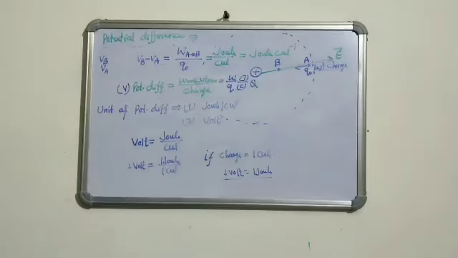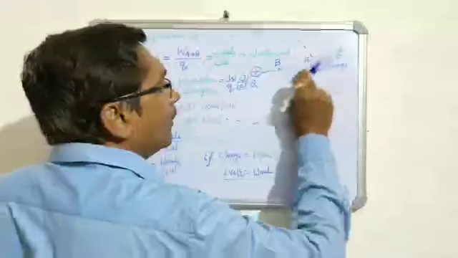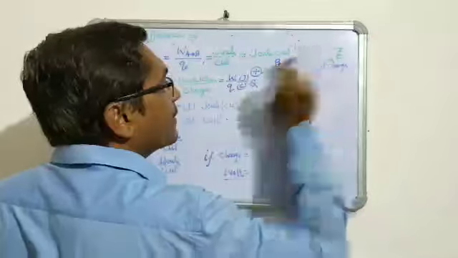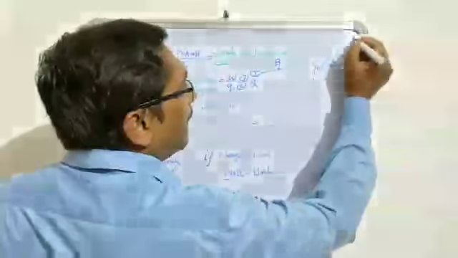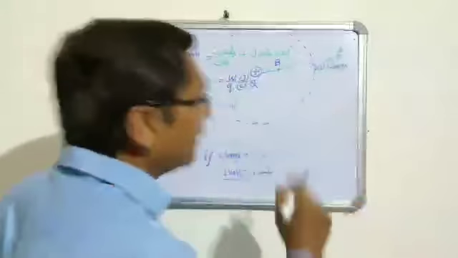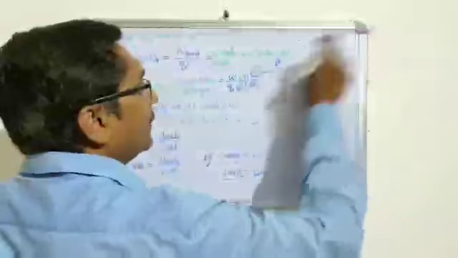Next topic is, what is electric potential? In this case, suppose we take this point at infinity. Infinity means there is no attraction force applied by this charge on the test charge.